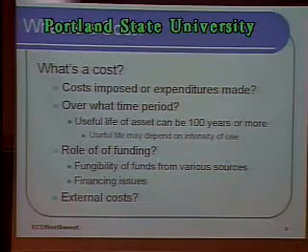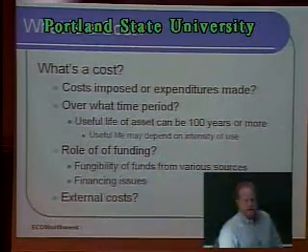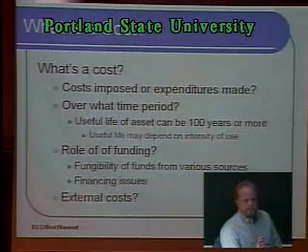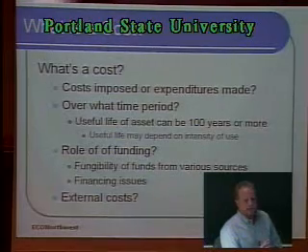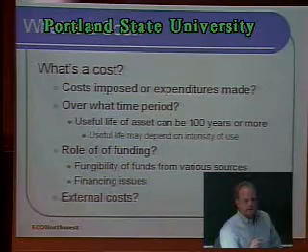So if you build a bridge that's going to last 100 years, you include the cost of that bridge in a cost allocation study that covers a 2-year period, and then you forget about that bridge in all your future cost allocations for the next 98 years, even though it's still sitting there, still being used, still being consumed.